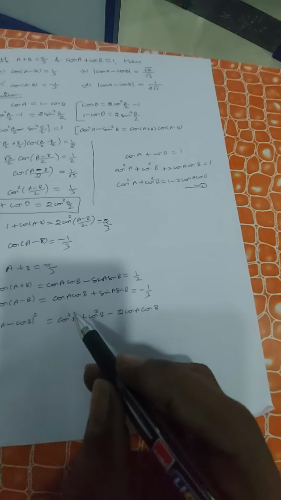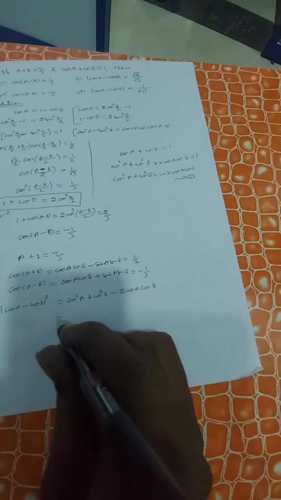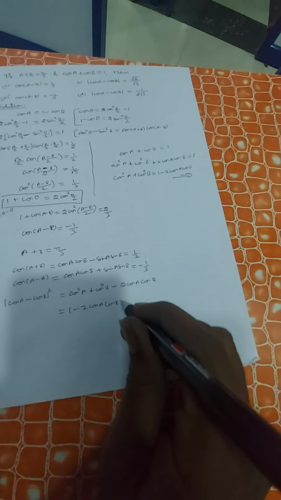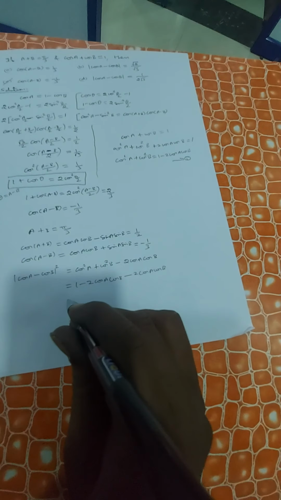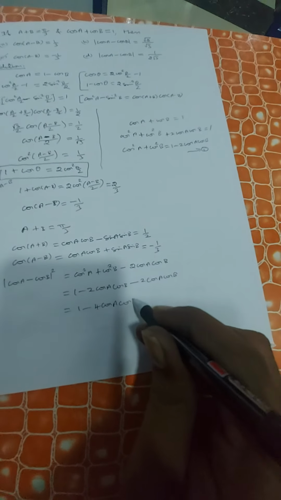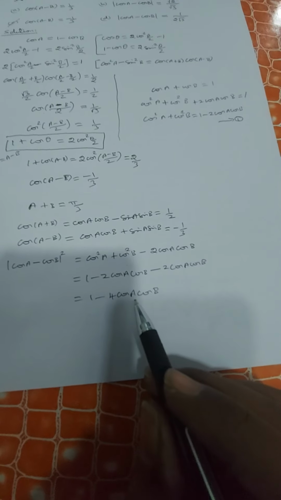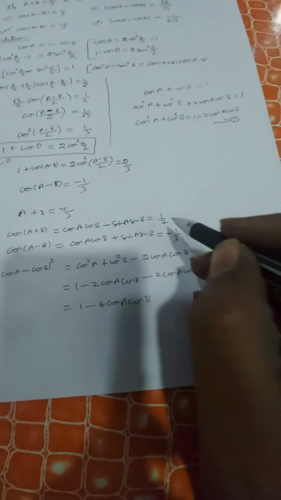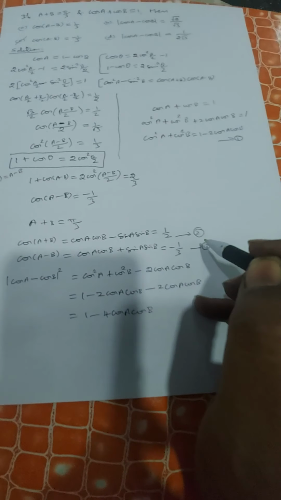Here we can use it. This cos square A plus cos square B could be replaced by 1 minus 2 cos A cos B. So here we get 1 minus 2 cos A cos B, and another 1 minus 2 cos A cos B is there. We can add these two terms, so here it is 1 minus 4 cos A cos B. Now we need to find cos A cos B. What can we do? You just add these two equations, call them equation number 2 and equation number 3.